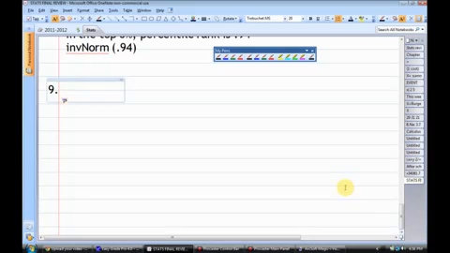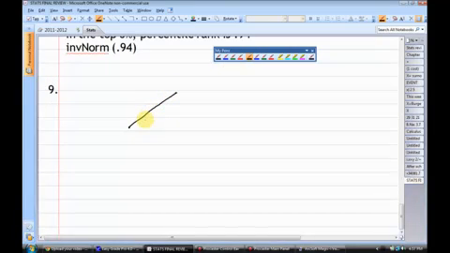So we start off with our tree, and we say, what percent of people take calculus? It's calculus and not calculus, right? 30% take calculus, which means that 70% do not take calculus.